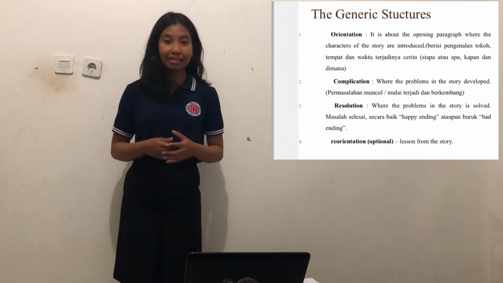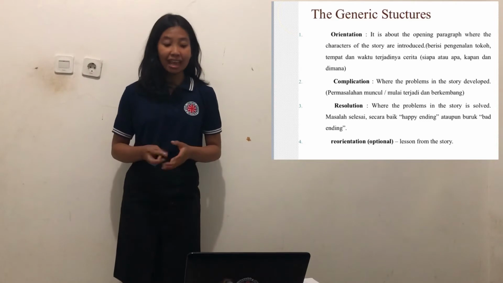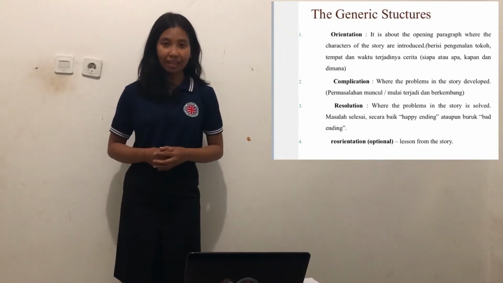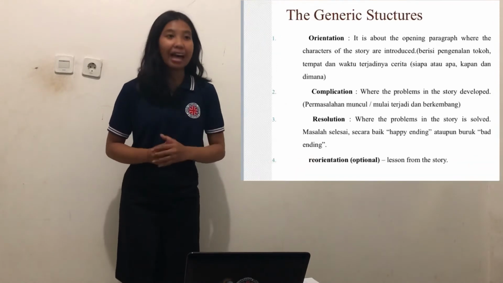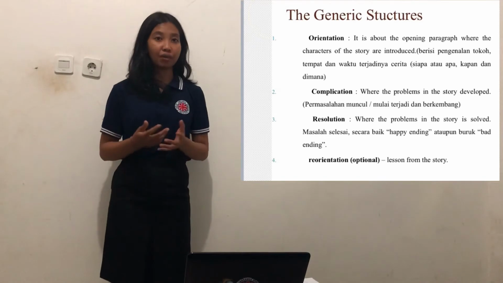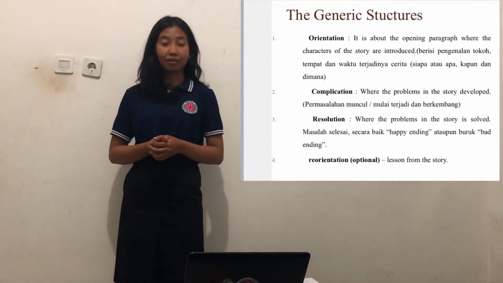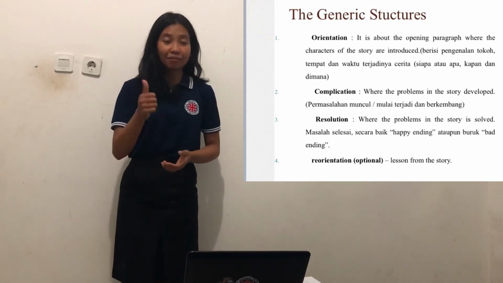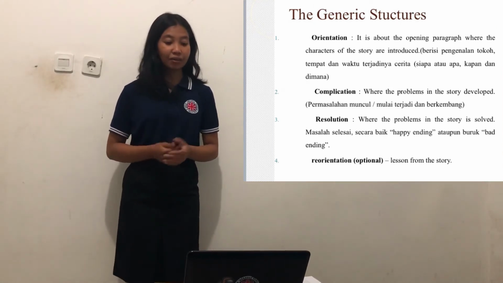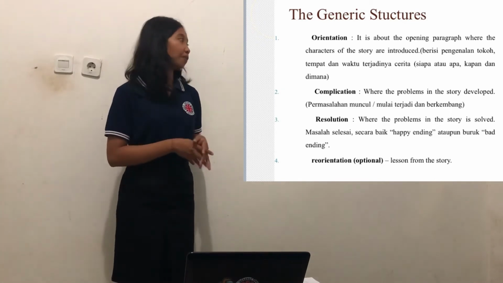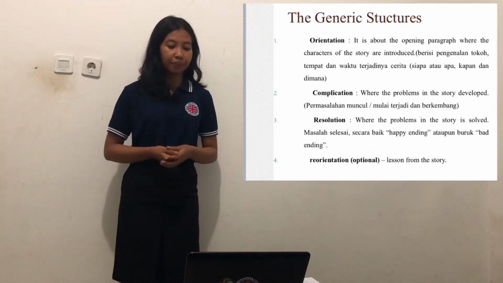The first one is orientation, the second one is complication, the third one is resolution, and the last one is reorientation. Alright, Amarta, would you like to explain the meaning of orientation in narrative text? Where the characters of the story are introduced, ma'am. Very good, correct, yes. Orientation is the opening of the text where the characters of the story are introduced.